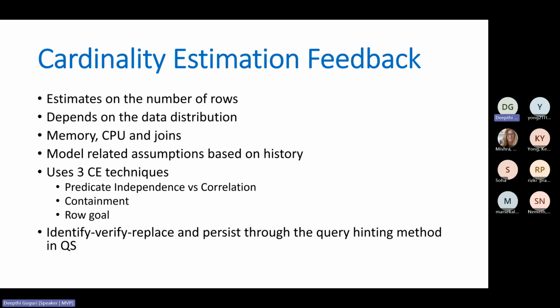It will use the cardinality estimate techniques which are already there. These techniques are, for example, predicate independence versus correlation. So what is this predicate independence versus correlation?